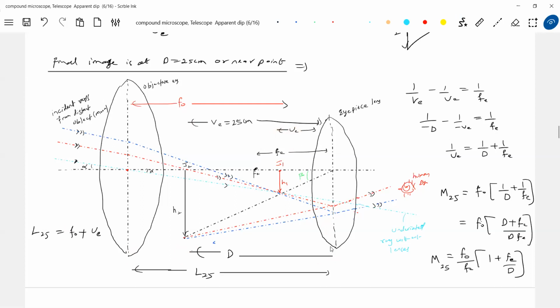What is UE? We have the value here. UE should be equal to DFE by D plus FE. Okay, these are the two formulas. So when to use these formulas? When the final image is formed at the least distance of distinct vision.